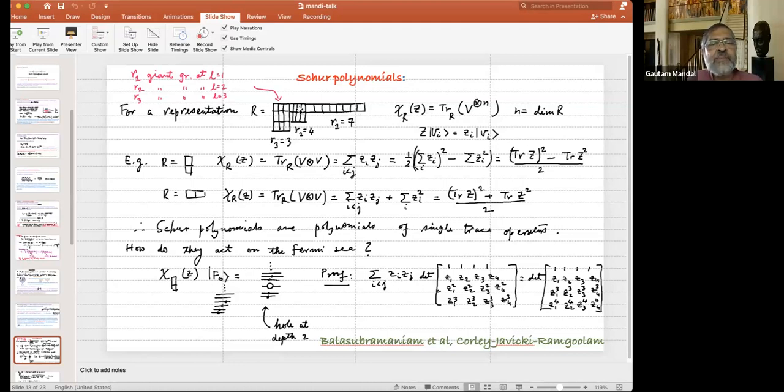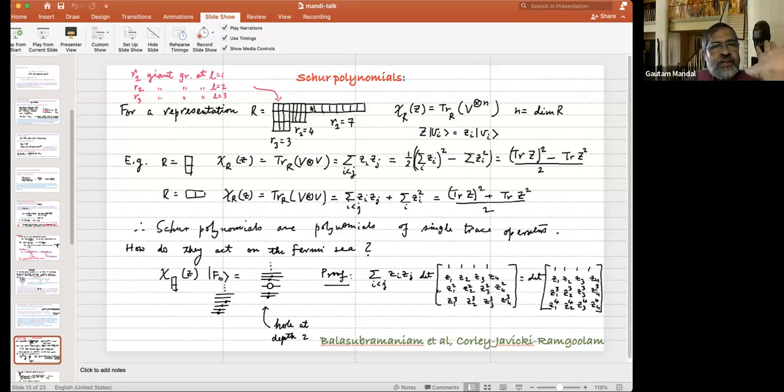Let's say that I have an irrep given by this Young diagram, in which there are 3 columns of height 3, 4 columns of height 2, and 7 columns of height 7.